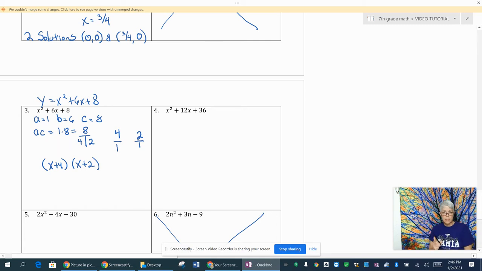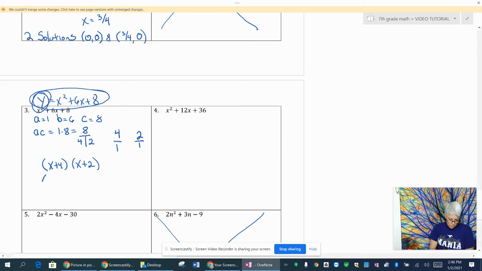Now I'm going to set them to 0. What does that mean when I say set? Why do I do that? Because if you remember up here, this is y. So if y is 0, then x is the part of the ordered pair that crosses over the x-axis.